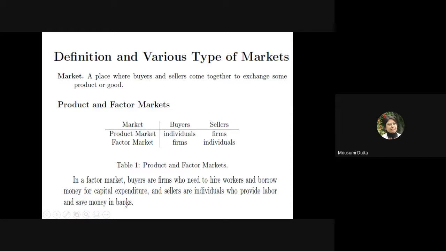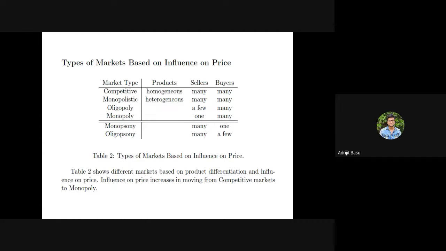If I am a landowner, you will buy land from me and you will build up your industry and I'll save the money in bank. Got it? Some part I'll use to purchase commodities and some part I'll save in my bank.